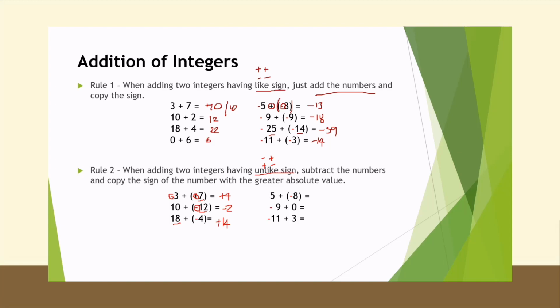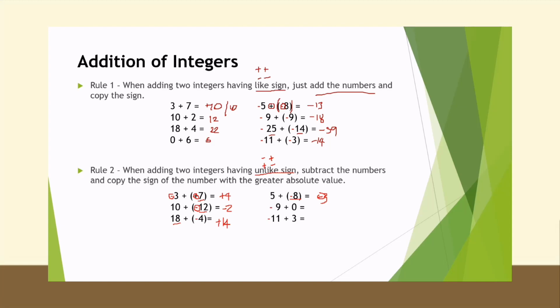Okay, next, 5 plus negative 8 is negative 3. Why negative? Because the sign of the greater absolute value is negative.